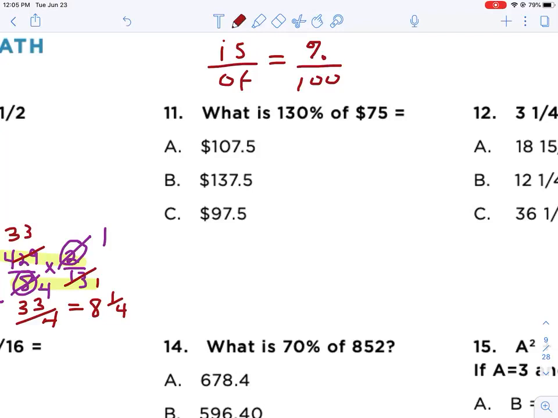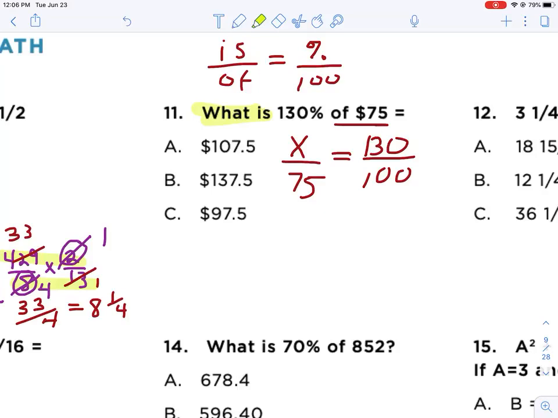So the is here is 130. No, it isn't. It's the thing we're trying to find. What is? That's our unknown. The of is 75. The percent is 130, and that's always over 100.